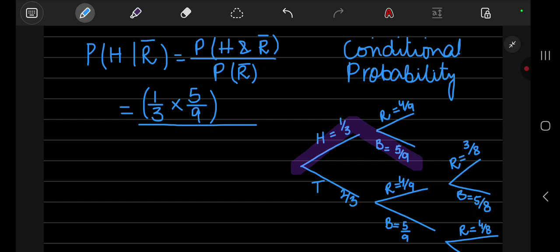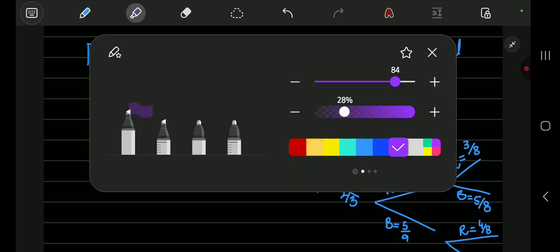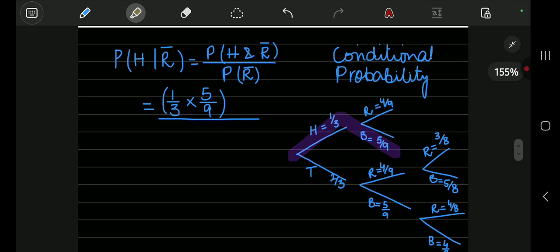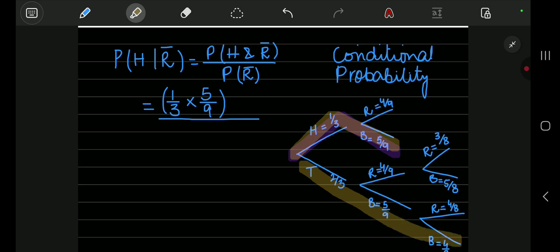And probability of no red. Now look for the probability that you have no red. So it could be anywhere in the head or in the tail. So no red would be the same, 1 over 3 times 5 over 9. Then tail and no red. So tail and blue. Yes, so 2 over 3, 5 over 9 and 4 over 8.